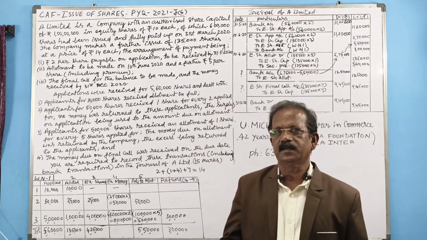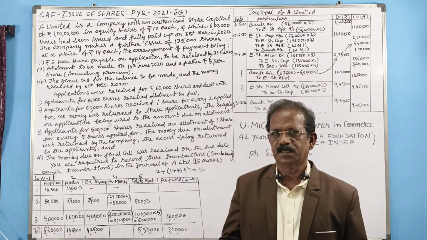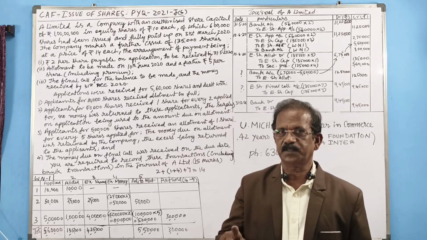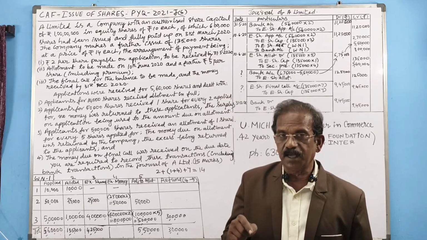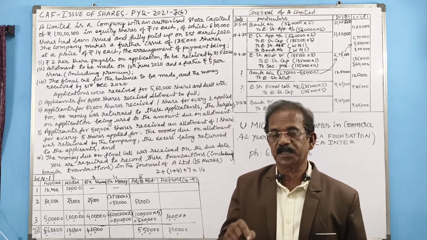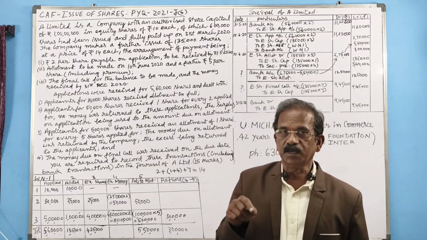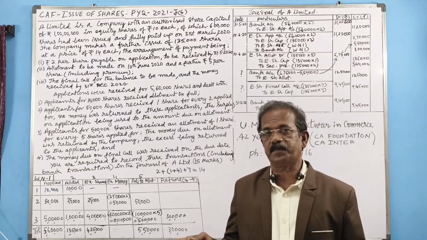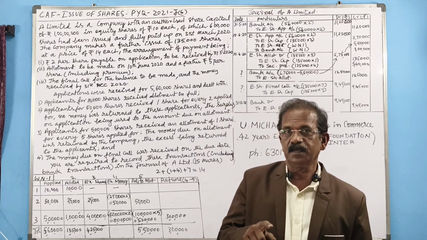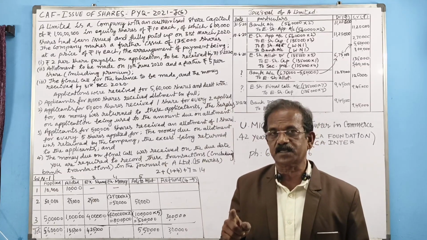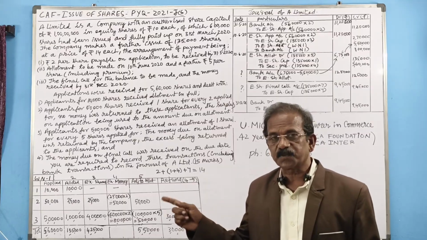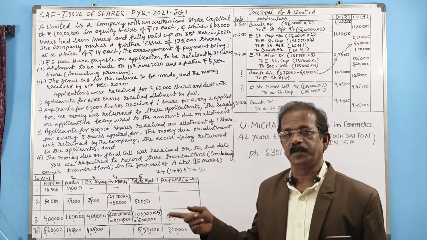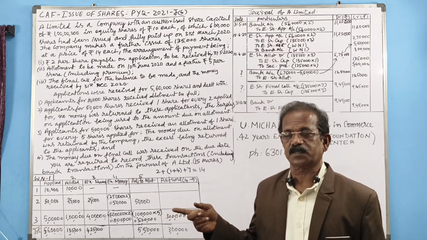While applying for 50,000 shares, they must have already paid 2 rupees on those 50,000 shares. Since they were allotted only 25,000 shares, on 25,000 shares the application money is treated as share capital. For the remaining 25,000 shares, the application money is to be transferred to further calls, maybe allotment or first call, second call, like that.